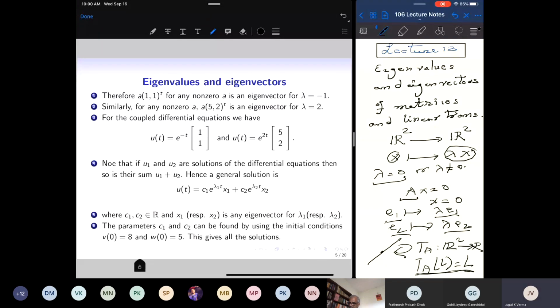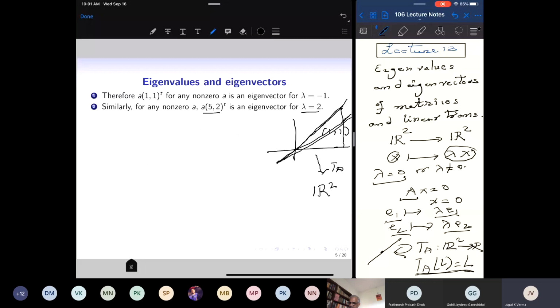The parameters C1 and C2 I can find by simply putting t equal to 0. So u of 0 is equal to C1 x1 plus C2 x2. x1 and x2 are eigenvectors, and u0 I know. u0 comes from the initial conditions.